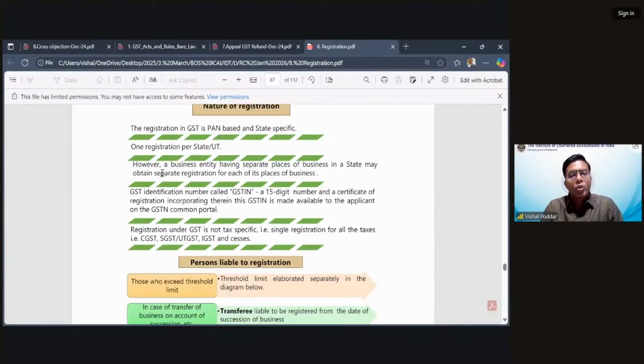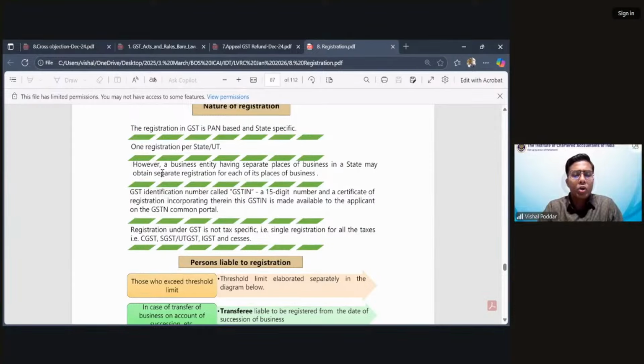Next, you need to compulsorily register in every state where you have a place of business. Now, here I would like to clear one small confusion. Let us say I have my office in Maharashtra and I am doing business in Maharashtra, Gujarat, MP, Karnataka, and Kolkata.